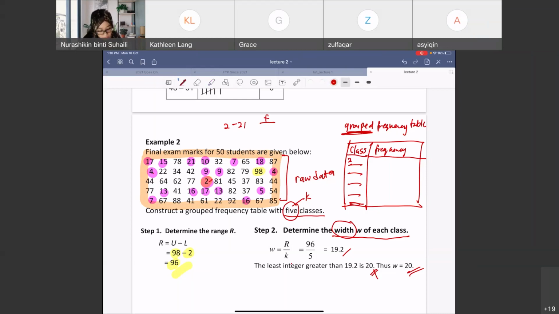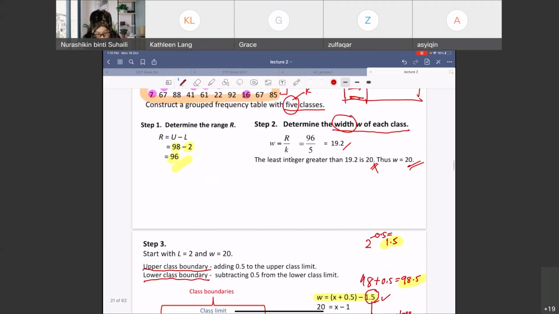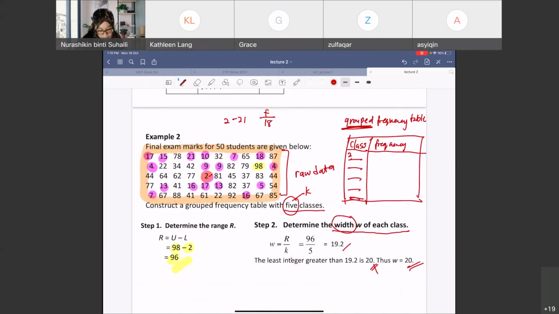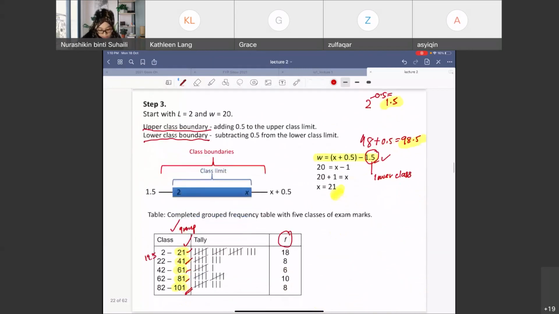Okay, so once you have identified that, then you determine the frequency. Let's say 1, 2, 3, 4, 5, 6, 7, 8, 9, 10, 11, 12, 13, 14, 15, 16, 17, 18. Is it correct? 18 here. So the frequency is 18. So you start filling in this table. And how do you know whether it's correct or not?